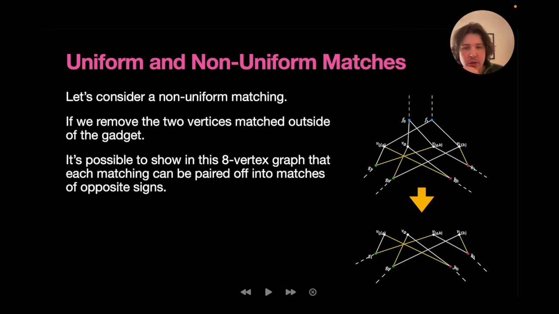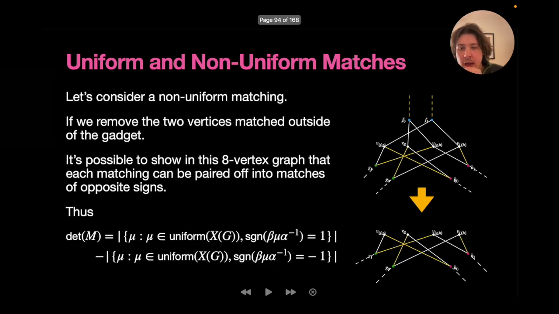Now, it's possible to show that in this 8-vertex graph that remains, each matching that can appear can be paired off into matchings of opposite signs. As such, we can just remove the non-uniform matchings and really just consider the determinant in terms of the uniform matchings. So we can prove that, in fact, the determinant is equal to this uniform case. And here by uniform XG, I mean the set of all uniform perfect matchings on XG.